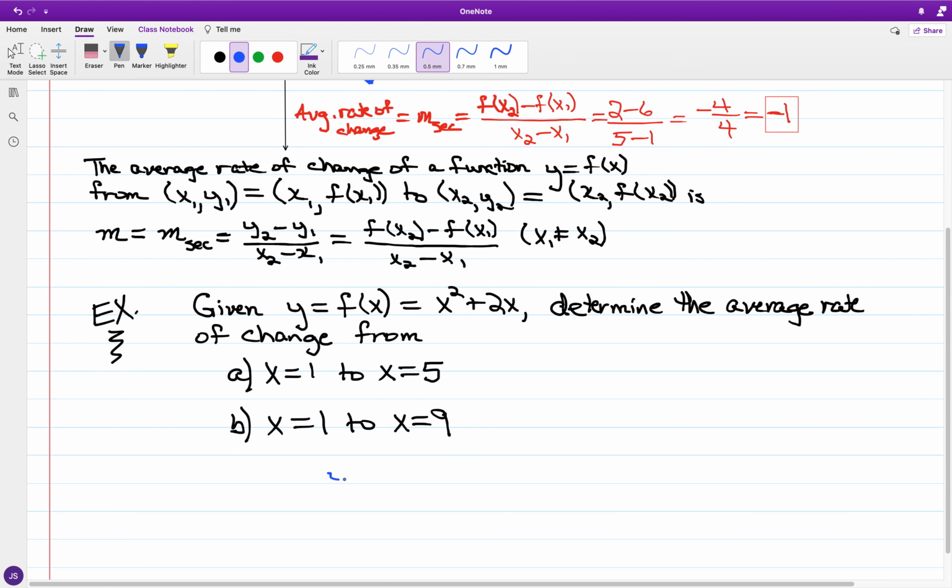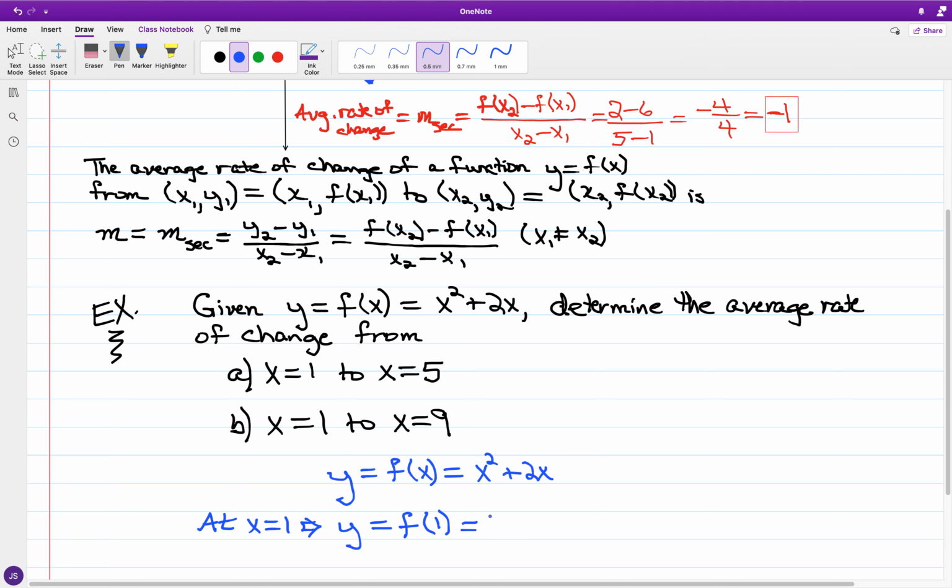So again, we have y is equal to f of x is equal to x squared plus 2x. Okay, so just starting out, we have going from x is equal to 1. So in the case of x is equal to 1, for the corresponding y value, f of x becomes f of 1.